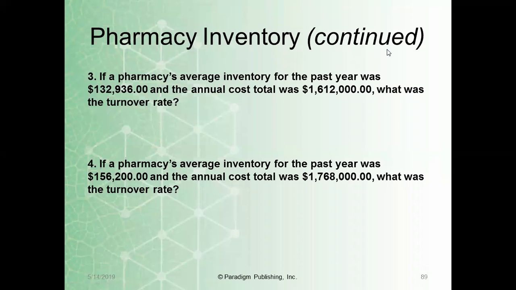So in this problem, you would just divide 1,612,000 by 132,936 and you get 12.1. So your turnover rate is 12.